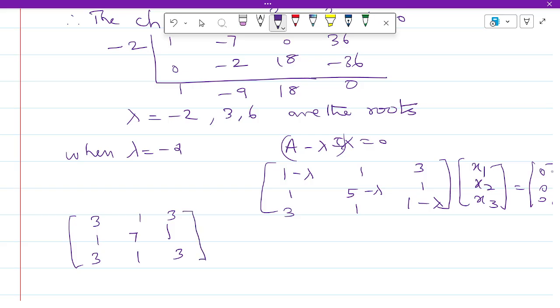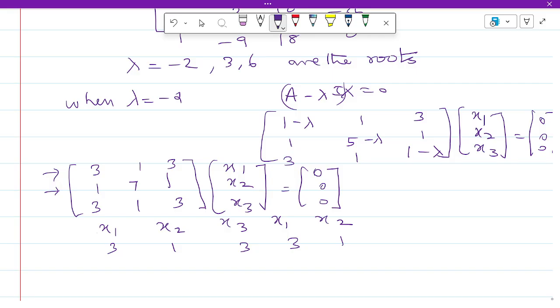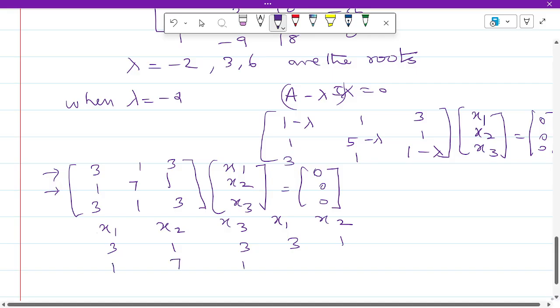So if you solve this, you will get it. I think you do not have any doubt in finding the eigenvalue eigenvector. Take any two non-identical rows. Then we can write x1, x2, x3: 3 1 3, 3 1, and 1 7 1, 1 7.